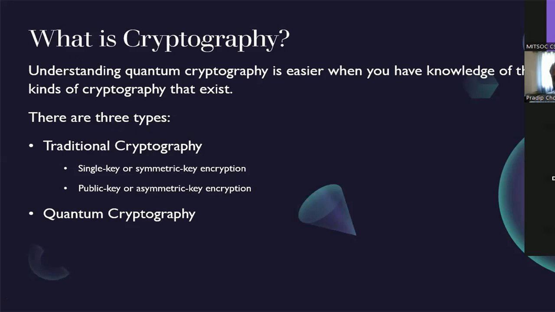You might all be aware that we have seen the basic cryptography stuff in computer networks or information security topics. So before going to quantum cryptography, we must have at least a basic understanding of what exactly cryptography is. There are actually two types in traditional cryptography: symmetric key cryptography, and second, public key cryptography.